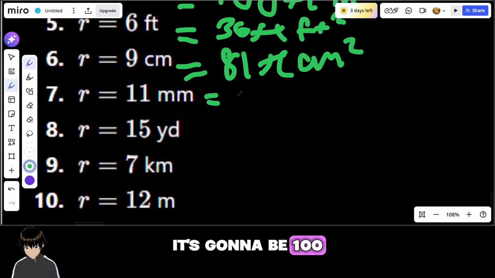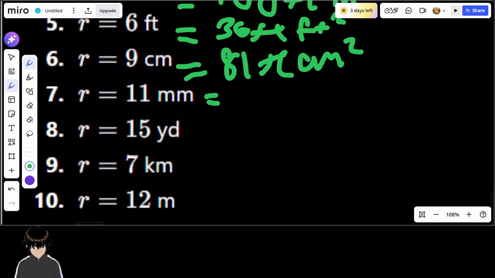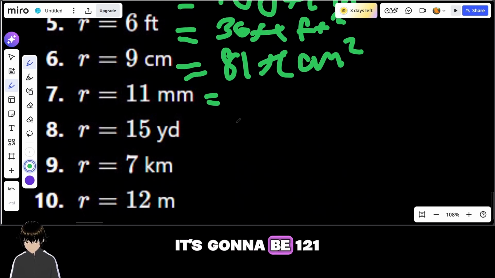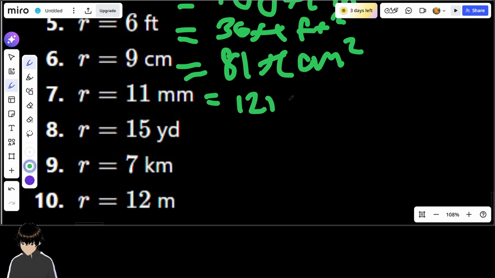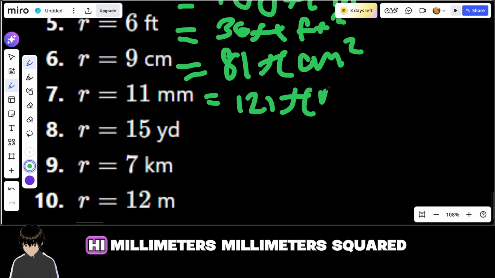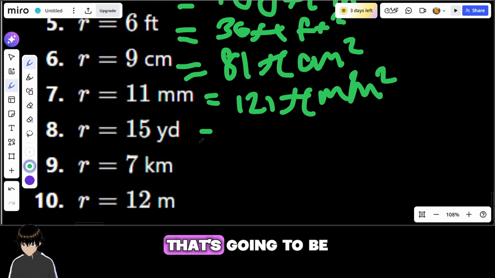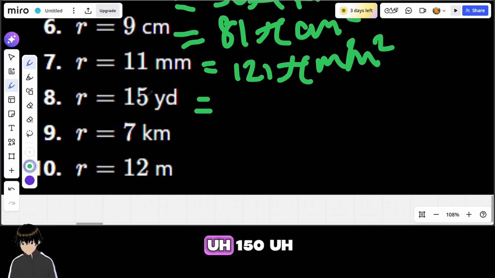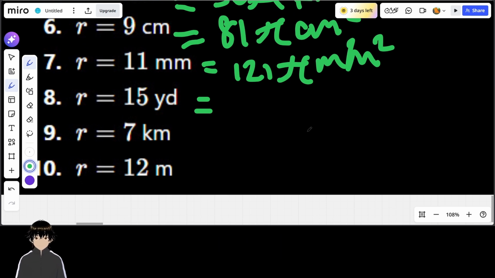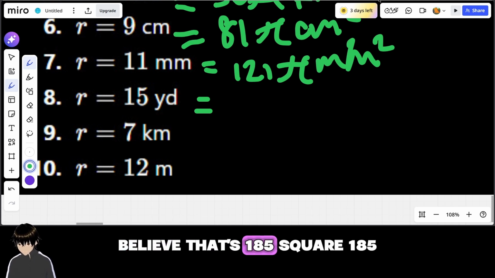It's going to be 100. It's going to be 121 pi millimeters squared. That's going to be 150. It's going to be, I believe that's 185 squared. 185.